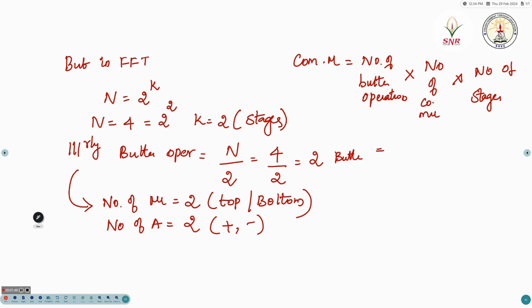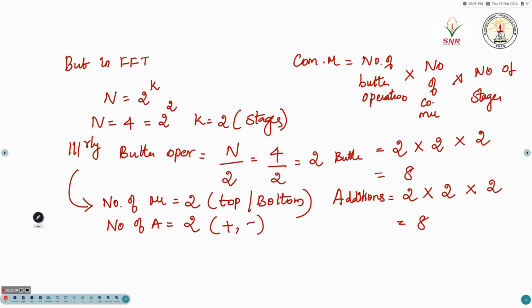So the number of butterfly operations is 2, the number of complex multiplications is 2, and number of stages required is equal to 2, which is equal to 8. So the complex number of multiplications required in FFT for N equal to 4 is 8, and similarly the number of complex additions required in FFT is also 2 butterfly operations into number of complex additions is 2 and number of stages is equal to 2, which is equal to 8.